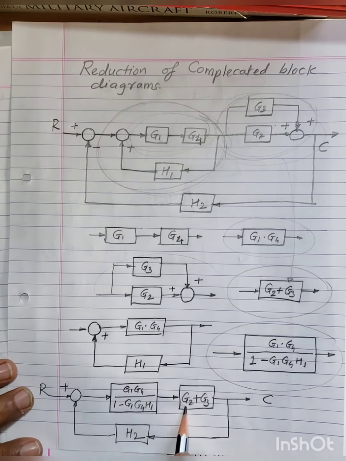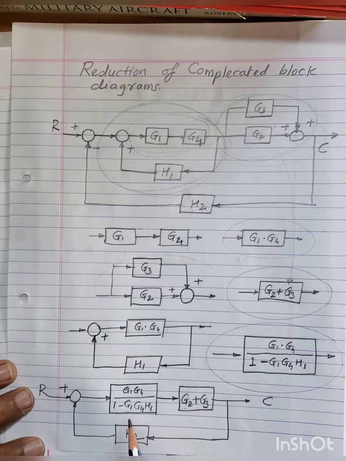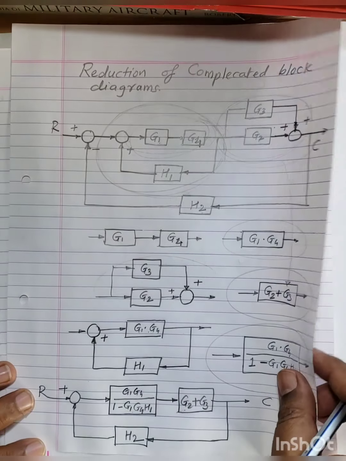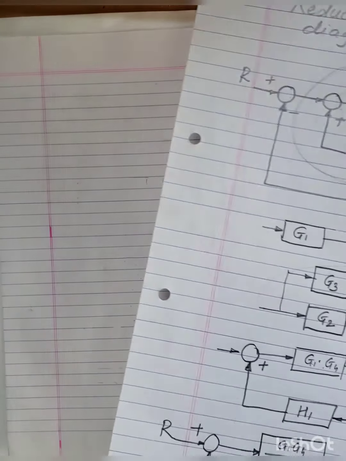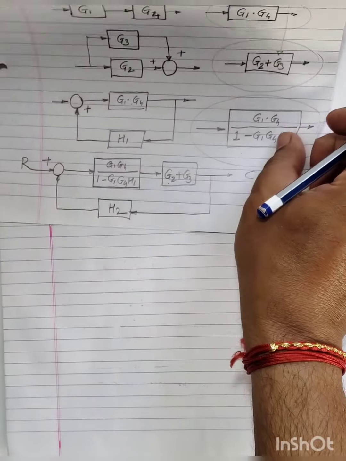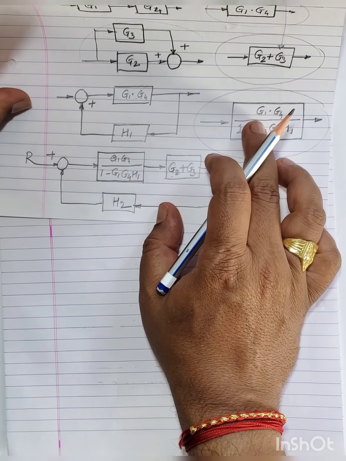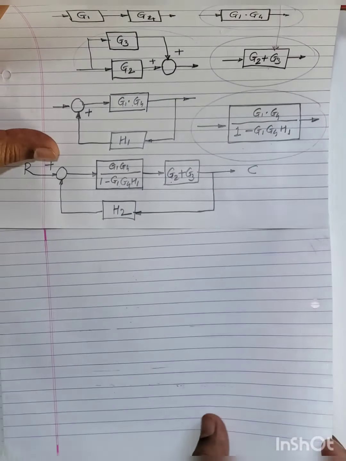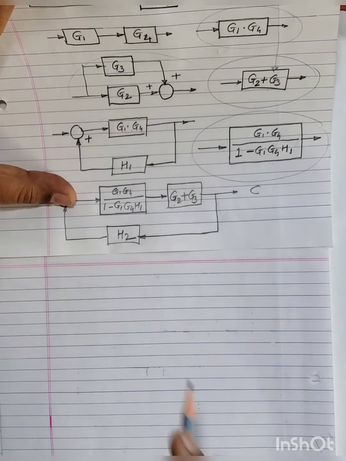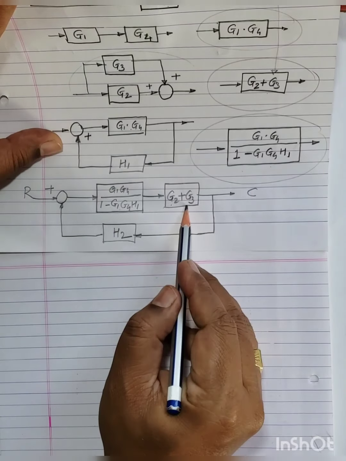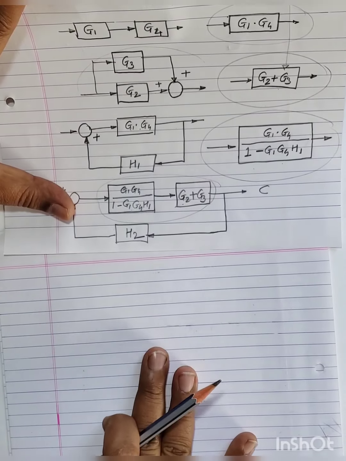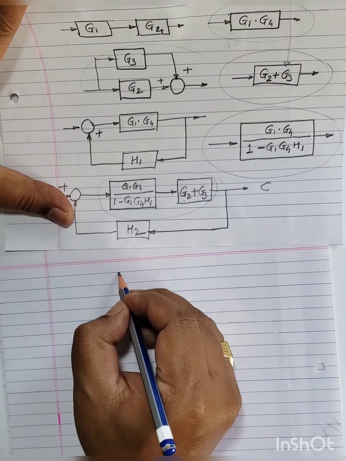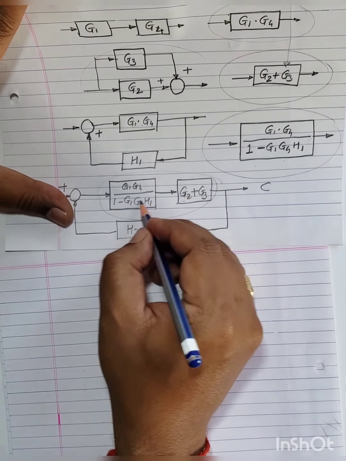Again these two are in series. What we will do is, we will draw this particular series diagram. I will continue it from here only. Alright. So what we'll do is, we'll take this series equivalent block. The equivalent block will be just the multiple of these.